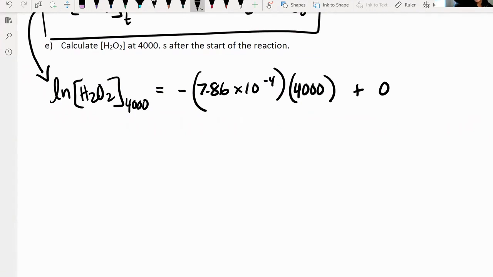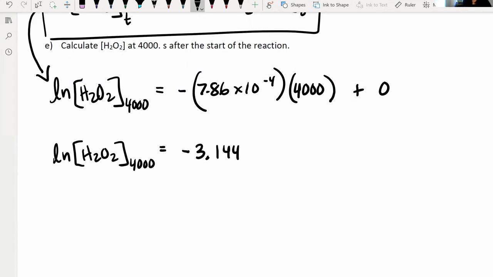I'm going to clean up the right-hand side here. So that will be 7.86 E negative 4 times 4,000. I get negative 3.144. All of that is still equal to the natural log of hydrogen peroxide at time 4,000. All right, we're almost there.